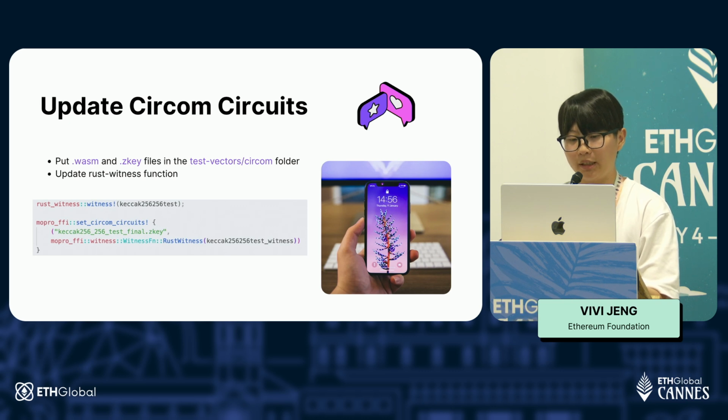For example, here it is keccak256, and you have to define your witness function like this. For more detail, you can see the documentation. Just make sure you update this witness function to match your zkey and WASM file.